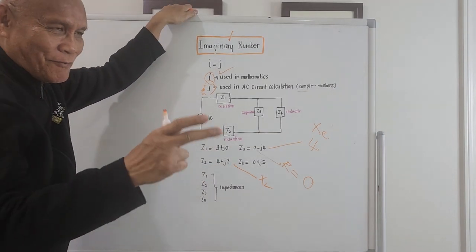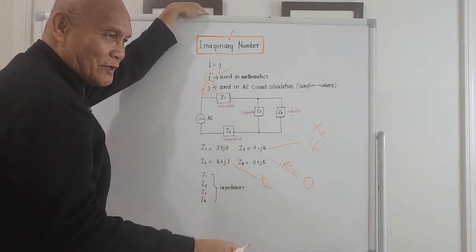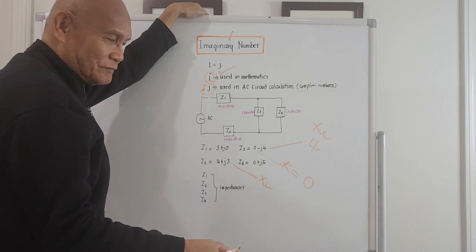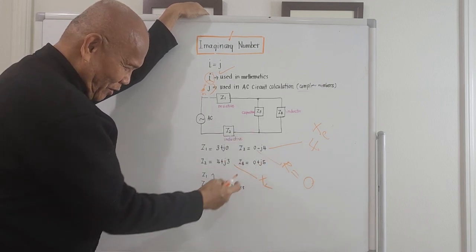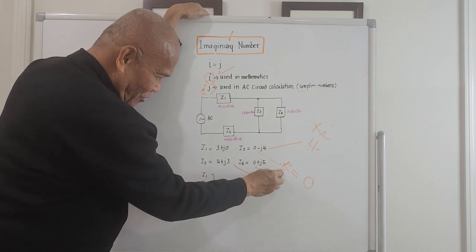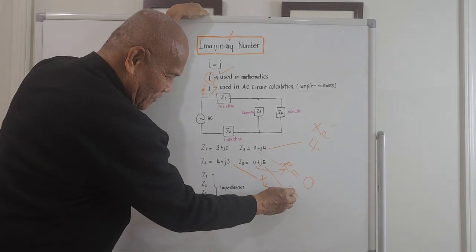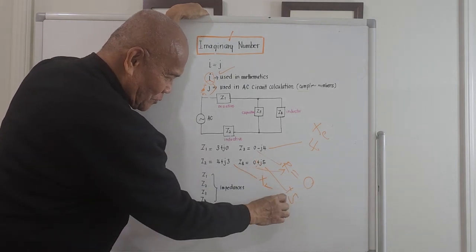So we now know the importance of this J in the representation of impedances in AC circuit. Another example is 0 plus J5. The resistance here is also 0, but the reactance is 5. It is plus 5, so this should be an XL.